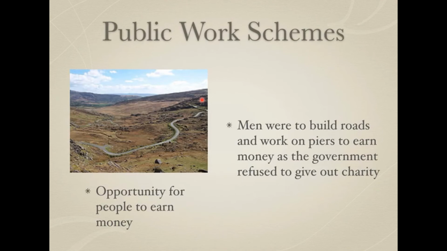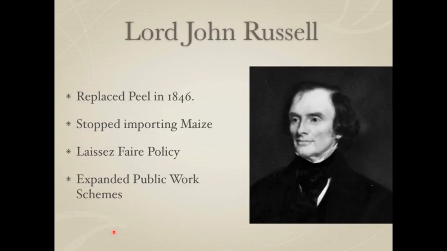These were set up because in the Victorian era, they frowned upon charity and didn't approve of it. This was an opportunity for people to earn money, but a lot of the time these roads led from nowhere to nowhere, so they were kind of pointless tasks. But it was just so that they would get jobs done instead of just handing out money.